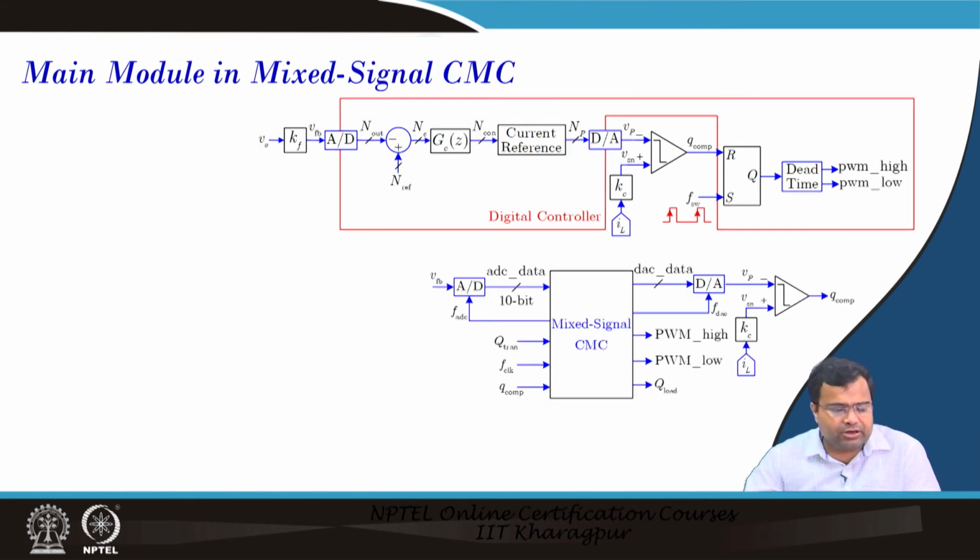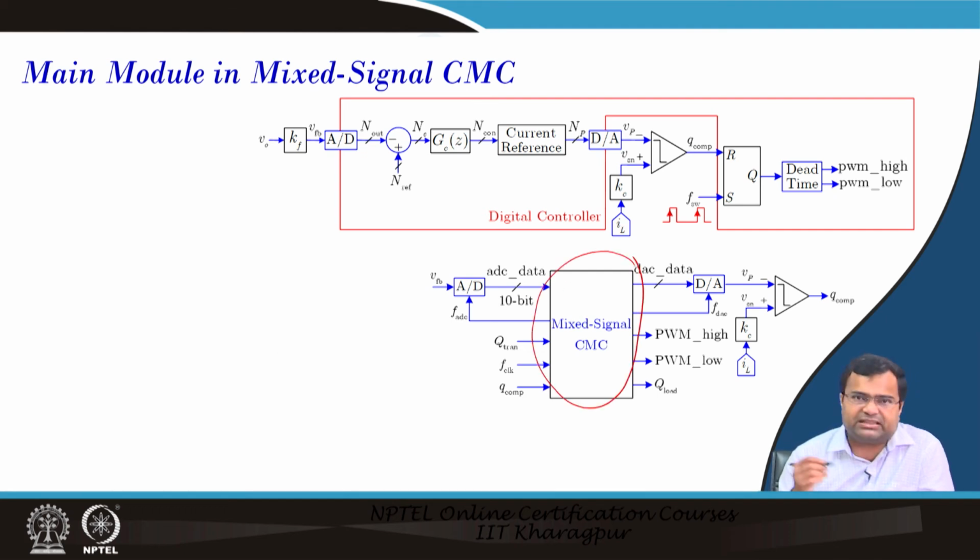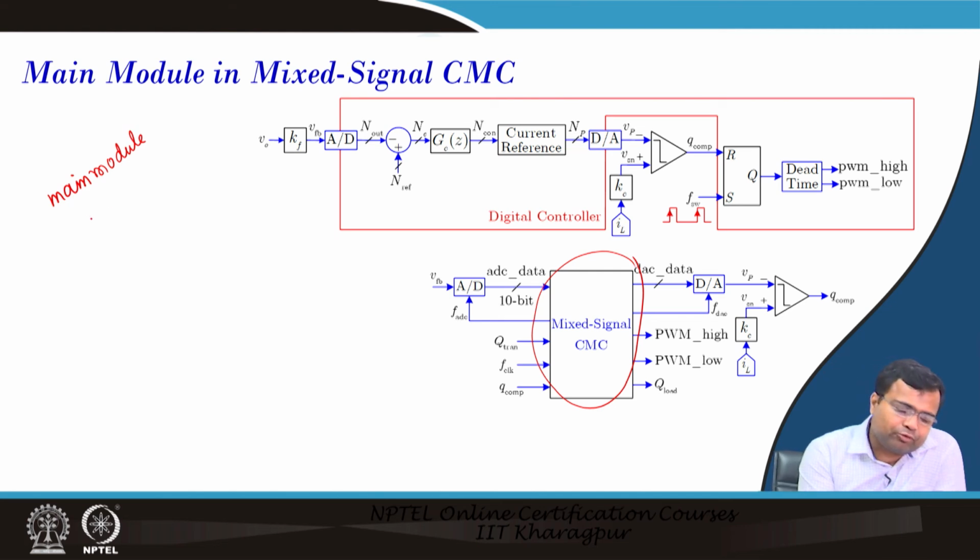Now, the main module. The main module name may be MixedSignal_current_mode_control. What are the inputs to the main module? We will discuss the Verilog code next, but before that, in this lecture, what inputs do we need to give? We need to provide the module name, which we will discuss, and then the input data.